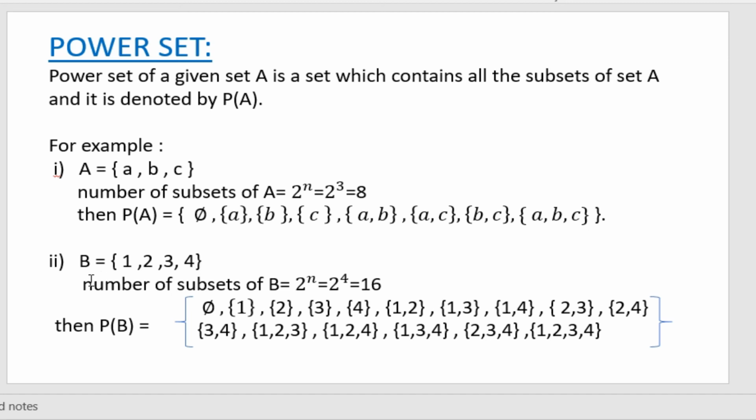We can make 16 subsets of set B. And when we write all these 16 subsets in one set, that becomes the power set of set B. So from these two examples, we learned that a power set is a set which contains all the possible subsets of set A.